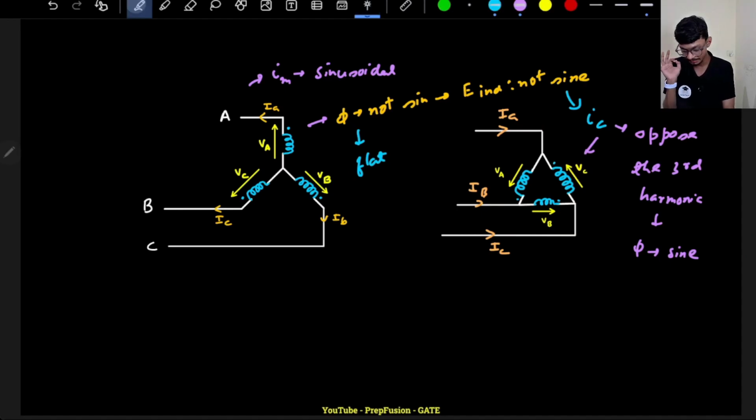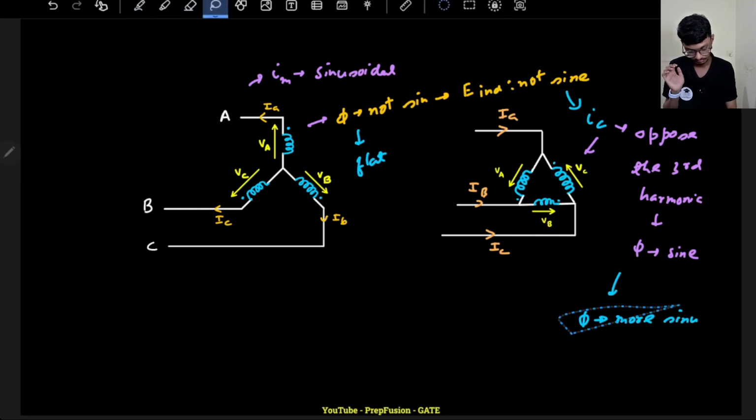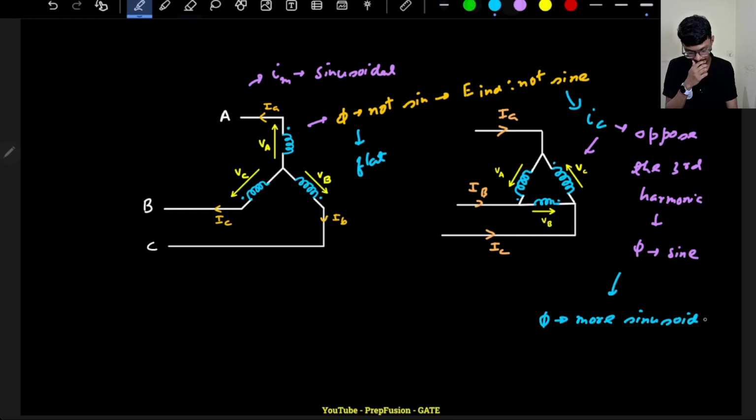So ultimately my flux tries to be more sinusoidal. That is the advantage over here.